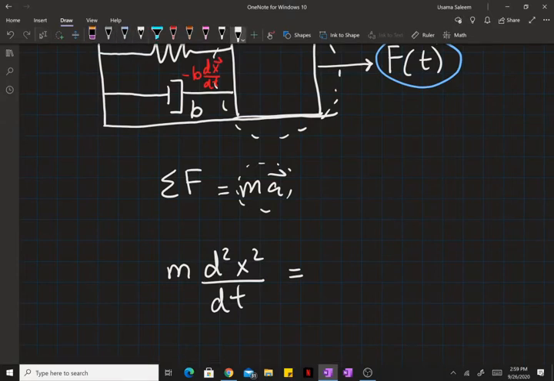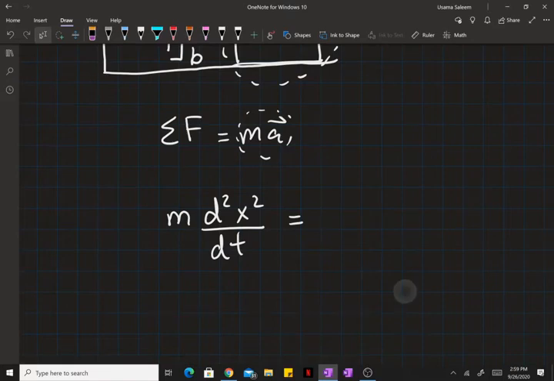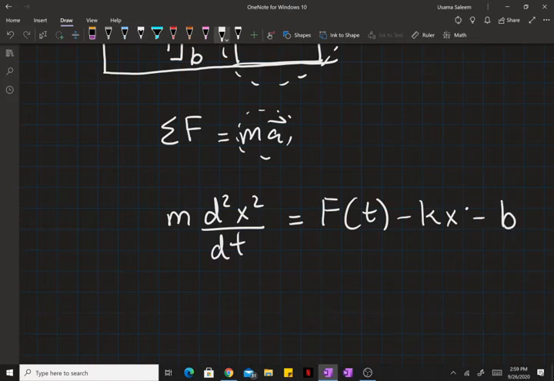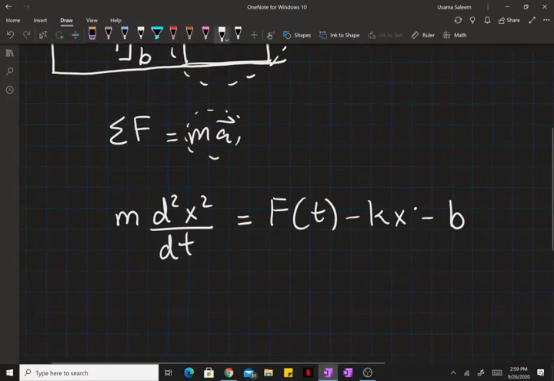So the right hand side of our equation becomes f of t minus k x minus b times dx/dt.